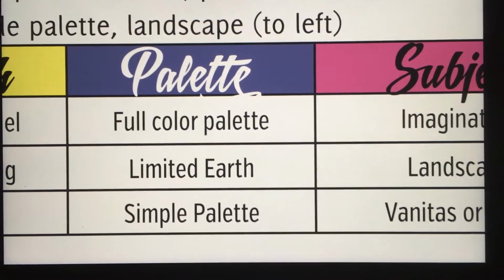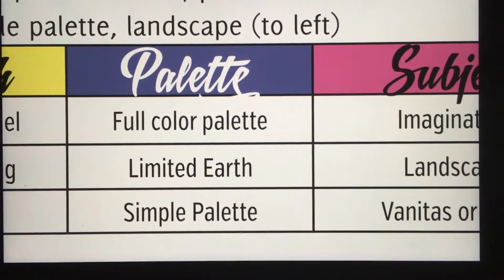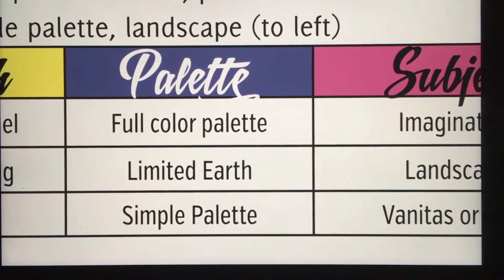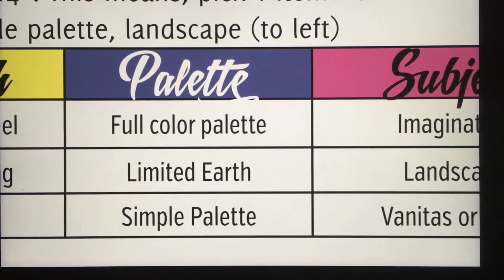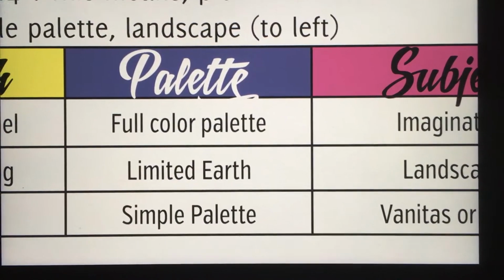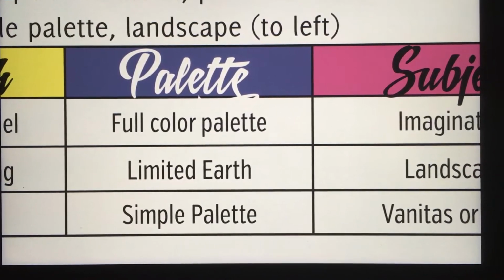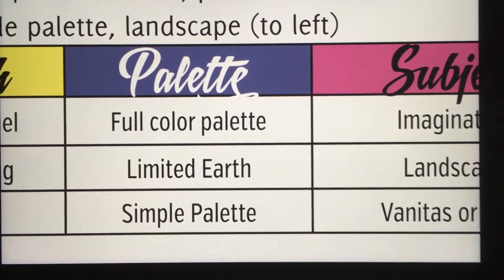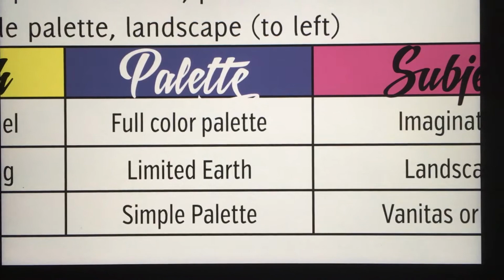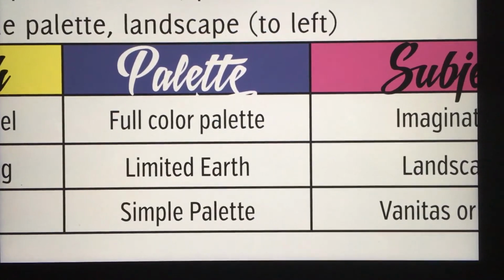The simple palette is also pretty easy to use. It is the idea that you have just some basic primary colors and you mix those to get any colors you need. So on this one, you don't use black. You have brown, like a burnt umber, a blue, like an ultramarine, a bright yellow, a bright red, and a white.